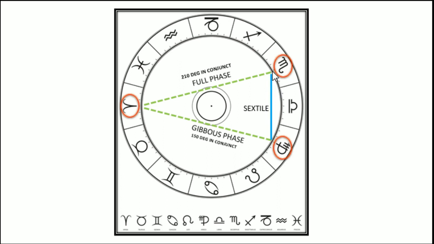And then finally, planet C and planet A have a relationship to each other, and this is also an inconjunct. Can you see that those two are the same, and that one is different? I've specifically highlighted it that way. So we have a 150-degree inconjunct, a 210-degree inconjunct, and a 60-degree sextile.